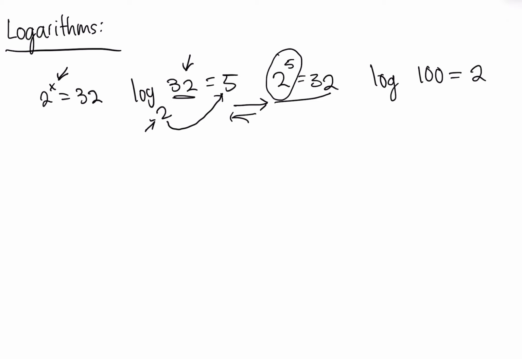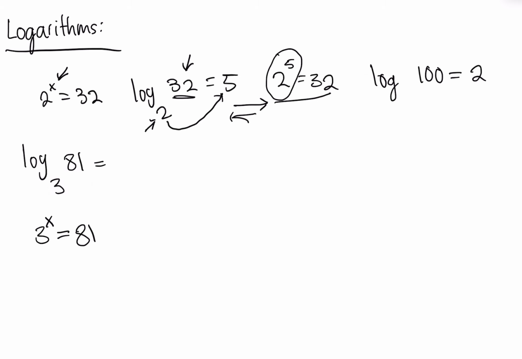Now, let's do some more examples. Let's say we have log 3 of 81. What would this be equal to? Well, we could rewrite it into exponential form. It'd be 3 to the x equals 81. Now this helps us understand: what x, 3 to the power of what, gives us 81?